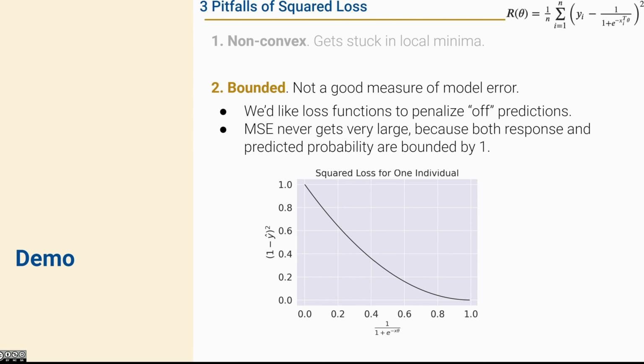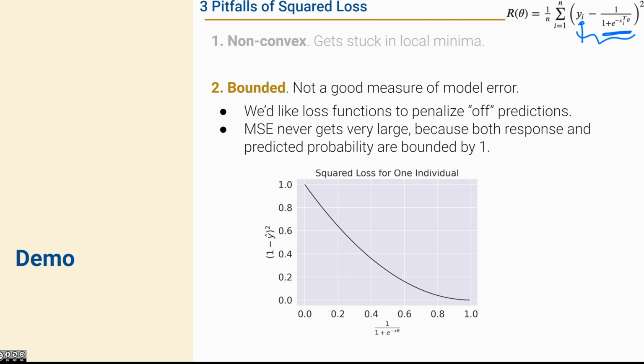The second main pitfall is, if you notice, the biggest value you're ever going to get for this difference in here is 1, because this is a number that's either 0 or 1, and this is a probability between 0 and 1. So I'm squaring values that are less than or equal to 1 and taking their average. So at the end of the day, this is just looking at the squared loss for 1 point.